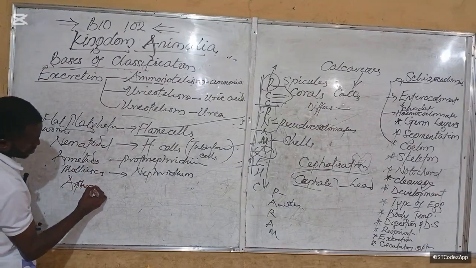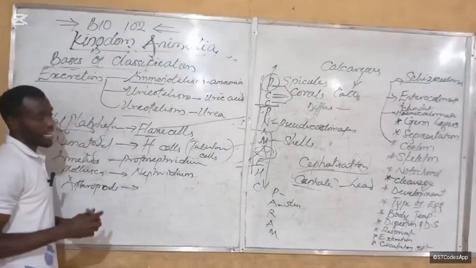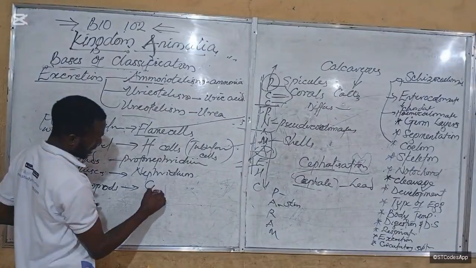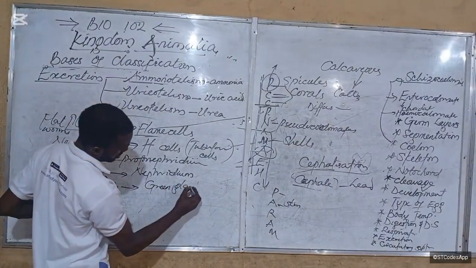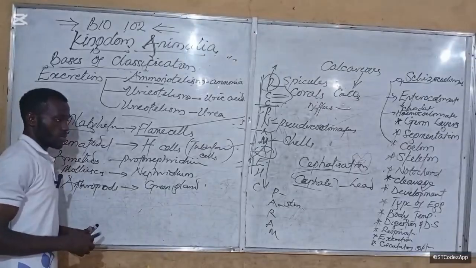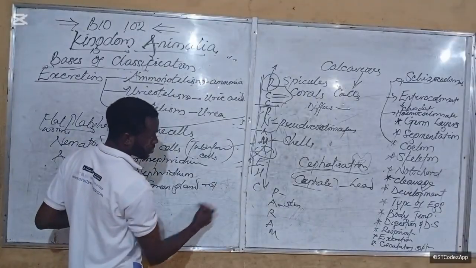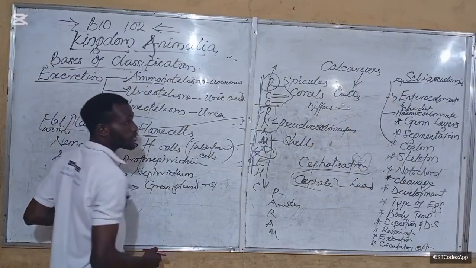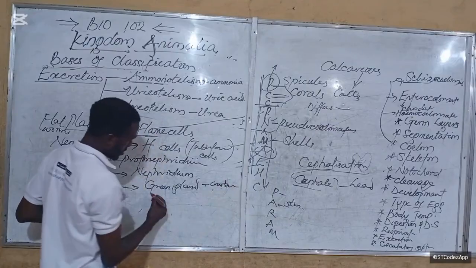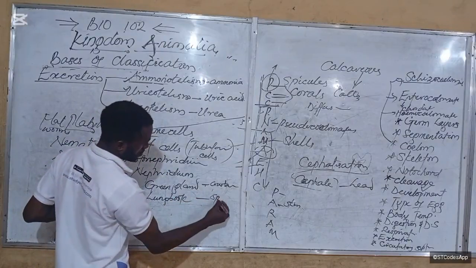Then the arthropods, depending on the arthropod, some use green glands, such as we will find in some crustaceans. Spiders use coxal glands, crustaceans green glands.